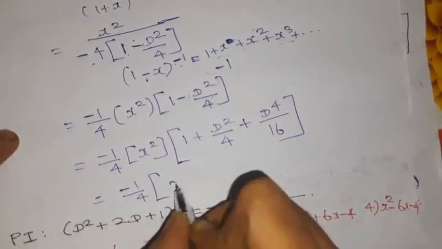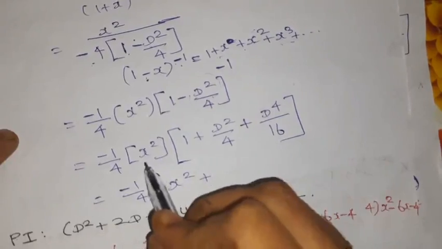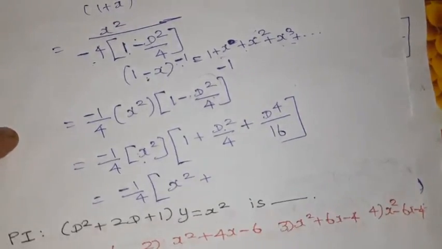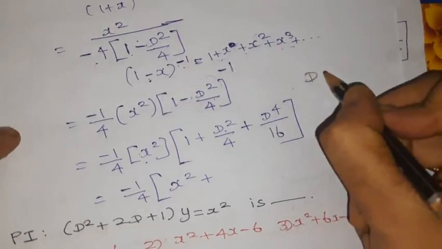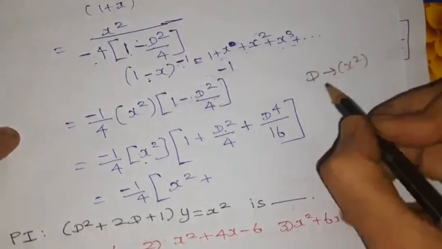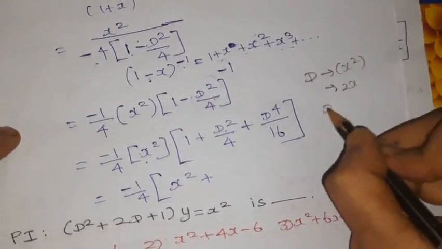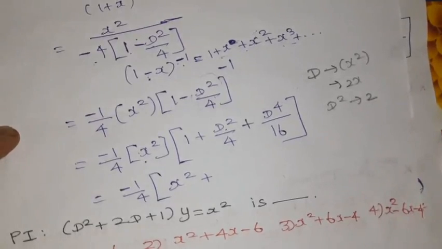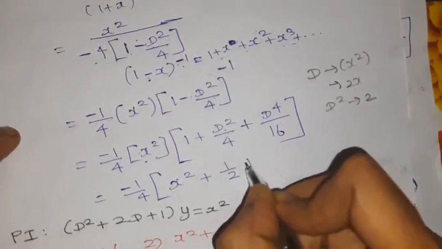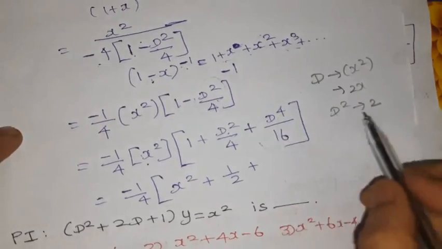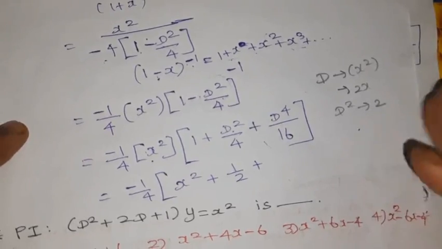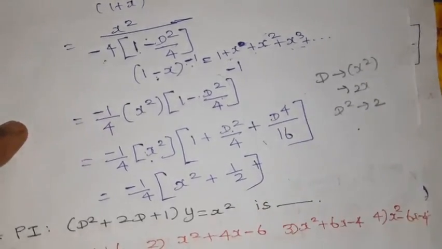So inside we will get x squared plus d squared x squared by 4. Differentiating two times, when we differentiate this, what will we get? One time differentiation of x squared, we will get 2x. Again differentiating, we will get 2. So 2 by 4, 1 by 2 only. Then for the d power 4 term, third time itself we will get 0 as a constant, then at 4 times we will get 0 only. So we will stop up to this.